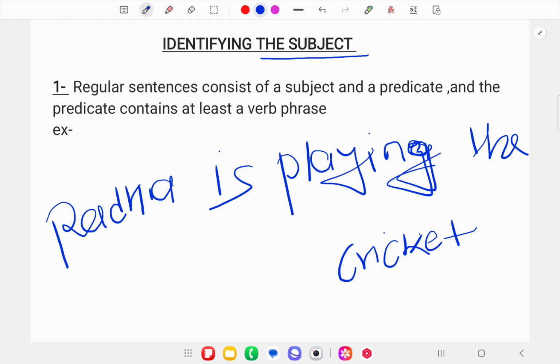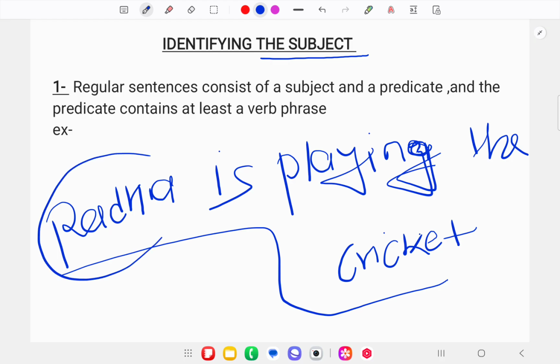So according to the definition of a subject, that a subject is a part of a sentence that performs an action, how can we find out who is performing the action? To find this out, we raise a question: who is performing the action? The answer will be Radha.